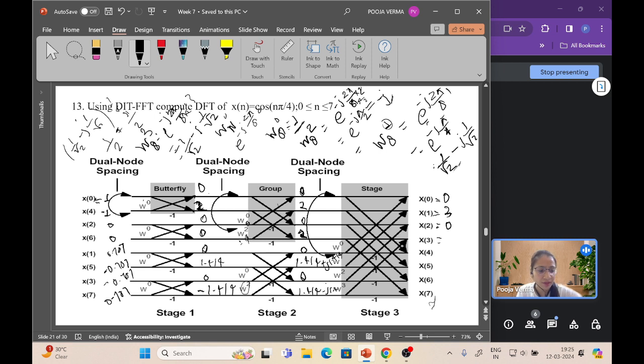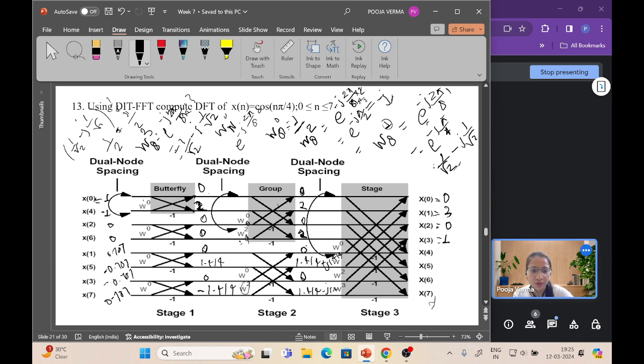So here we are getting 1 by root 2 minus j 1 by root 2, that is multiplied by minus 1 by root 2 minus j 1 by root 2, right? Minus 1 by 2. Minus 1 we will get. So minus 1, after multiplication of these two, minus 1. 1 will be there. Yeah. You can calculate it. The answer can vary also.